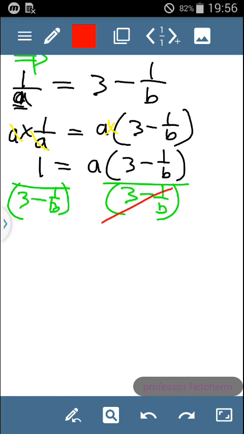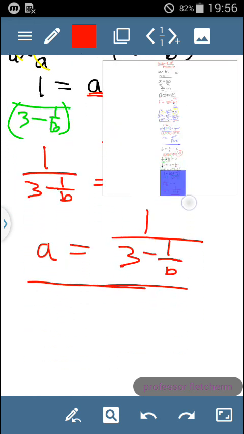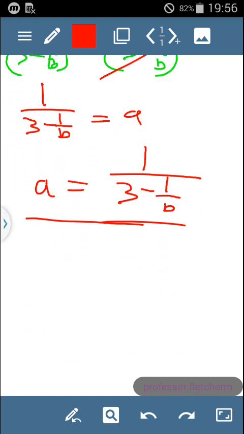This one will cancel that one, leaving us with the A. So as a result, 1 over 3 minus 1 over B is equal to A. So A is equal to 1 over 3 minus 1 over B. So we would have made A the subject of formula.